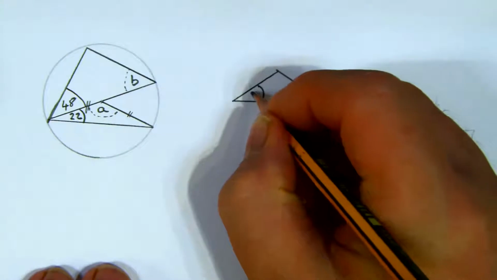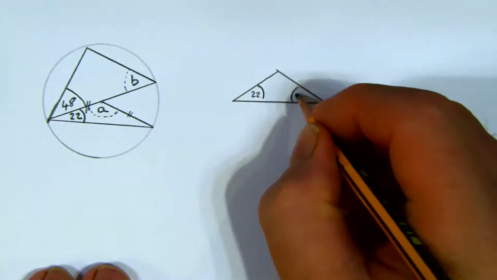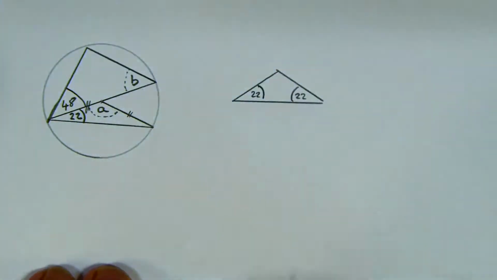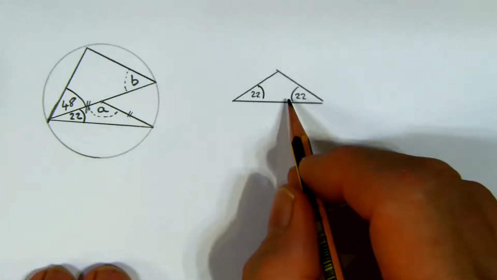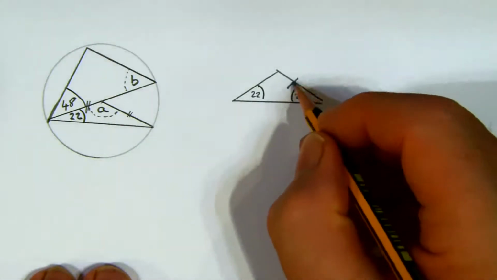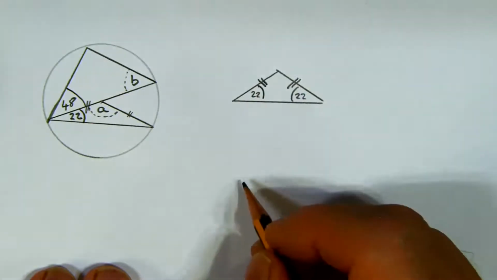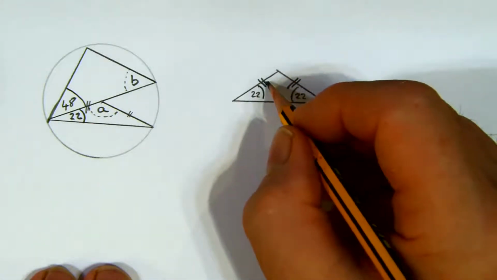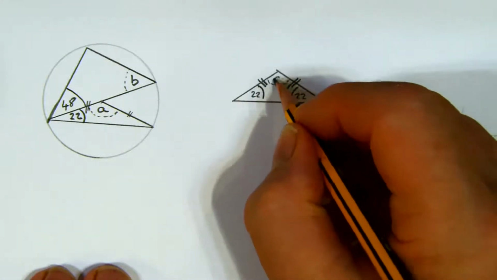Well, if this angle is 22, then this angle also has to be 22, because we've got the isosceles triangle.